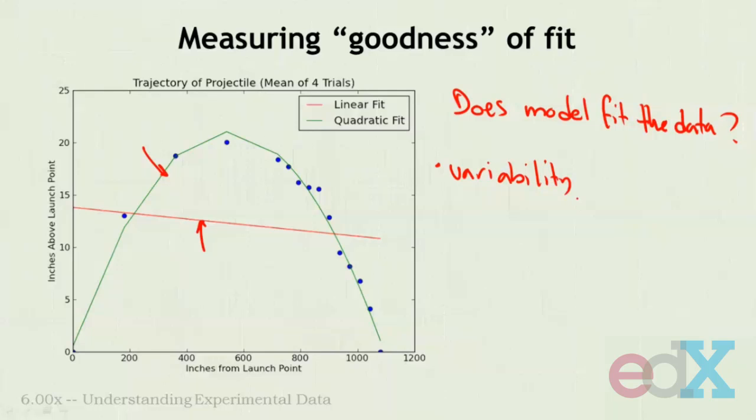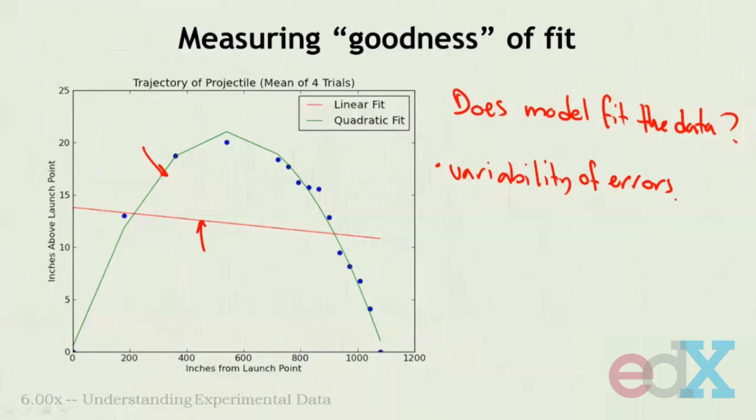How much are the errors varying? Here we can see that the errors are huge. They're big and they're small. If we talk about a mean error, how much are we varying from the mean? Are the errors pretty much all the same, or are they big or small? So we're talking about the variability of errors.